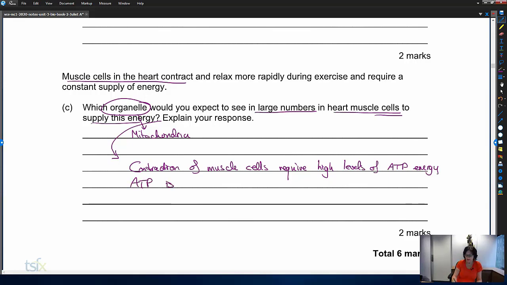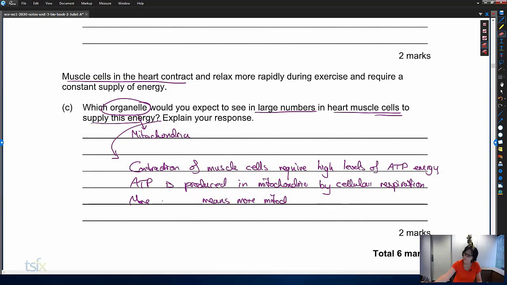ATP is produced in the mitochondria by cellular respiration. More energy means more mitochondria. Actually, I'll go the other way around.